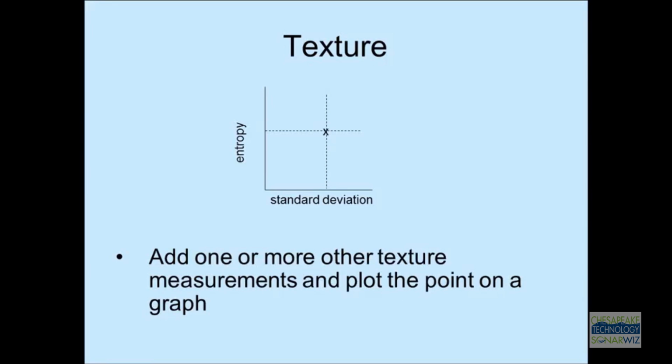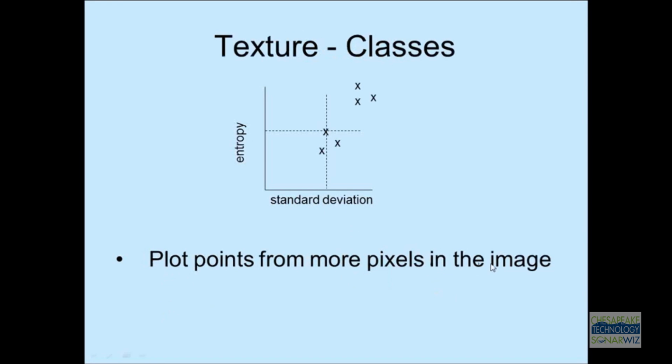I think currently the program limits you to 6 separate textures simply because it uses up too much memory and gets too slow. But we can create a point on a graph, and carry on doing that for all the other points in the image. So here we are with 6 separate points, and they've all got their own points on that graph.